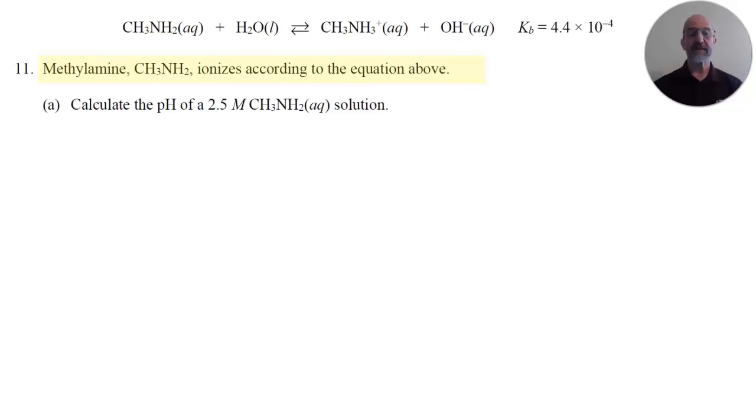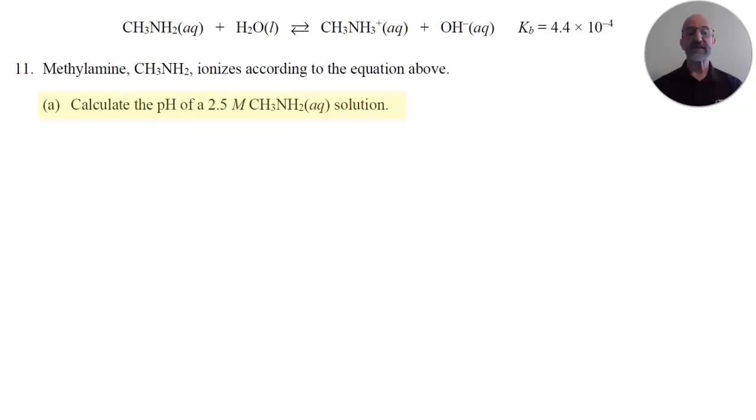So the methylamine, CH3NH2, reacts with water, and we have the hydroxide ion on the right side of the equation, and we also have the conjugate acid of methylamine, which is called the methylammonium ion. So CH3NH3+ is that formula on the right side of the equation. So we are given the Kb, 4.4 times 10 to the negative 4, and in part A of this question, we have to calculate the pH of a 2.5 molar solution of this weak base, methylamine.